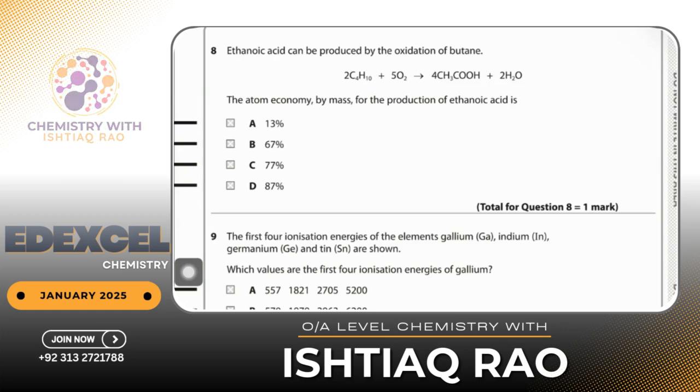Easy. Or you can take the molecular mass of the product. The desired product is ethanoic acid, so it is 4 into the molecular mass of ethanoic acid.